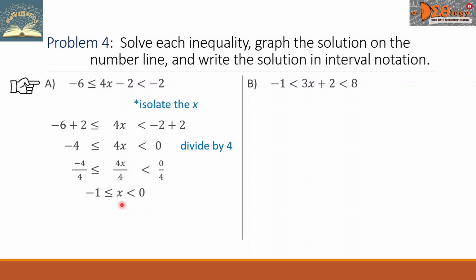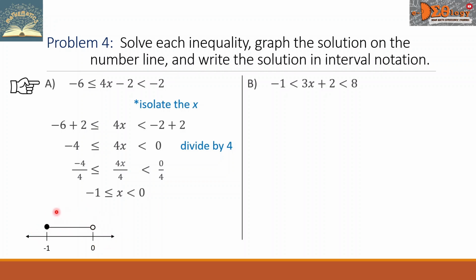For the number line, we put the two numbers negative 1 and 0 on the number line. And then we show it like this. Because of the less than or equal with the negative 1, we put a solid dot. For this less than symbol with 0, we put a hole, and then we connect them with a line segment.